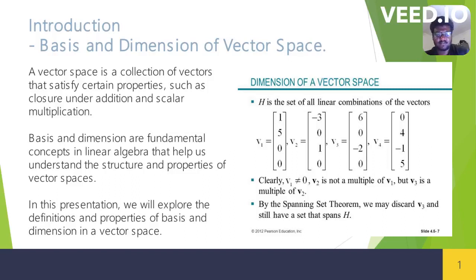Basis and dimensions are fundamental concepts in linear algebra that help us understand the structure and properties of vector spaces. In this presentation, we will explore the definitions and properties of basis and dimension in a vector space. This is the introduction of the basis and dimensions of a vector space.